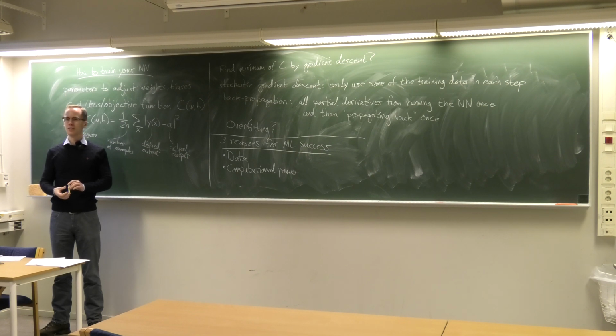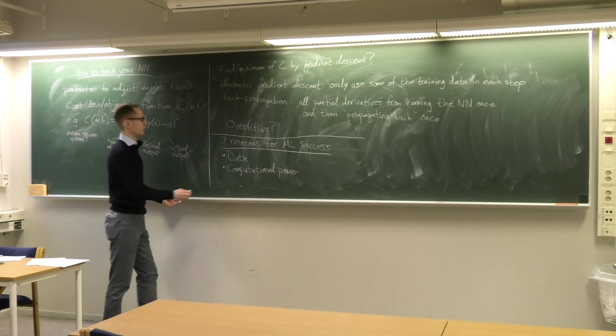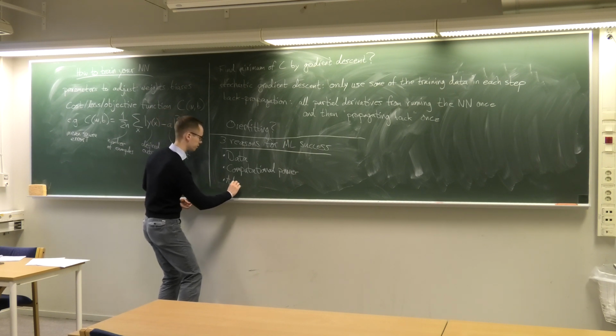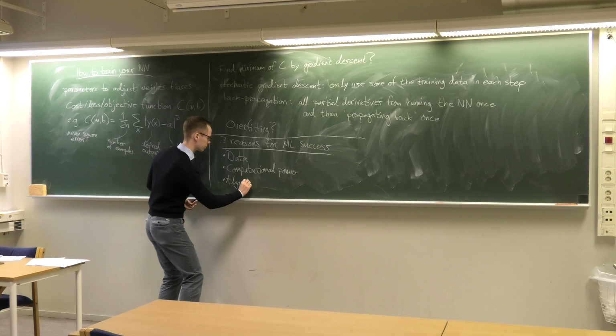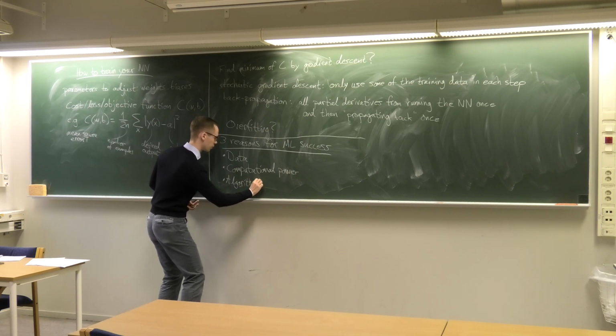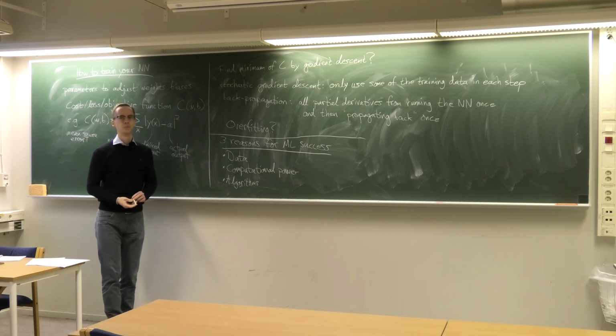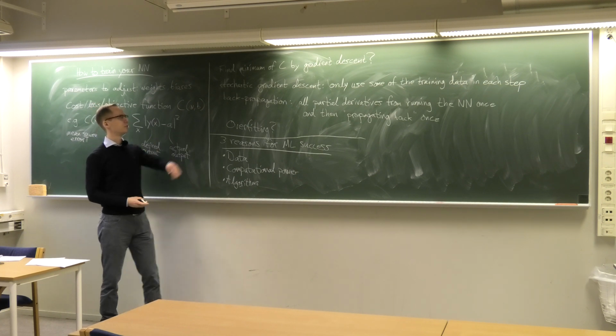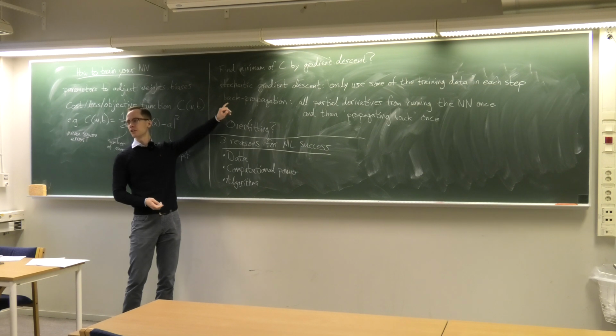And then the final thing that's usually mentioned is algorithms. So people have come up with clever algorithms. It's, for example, hard to imagine how neural networks would be trained efficiently without backpropagation.